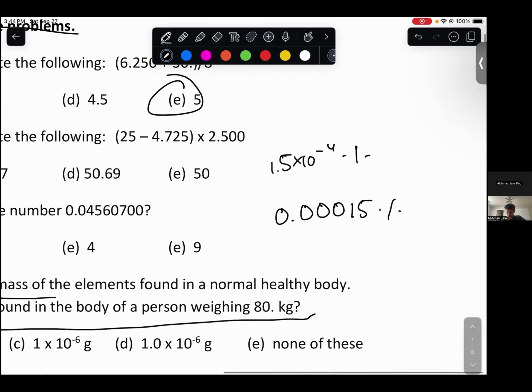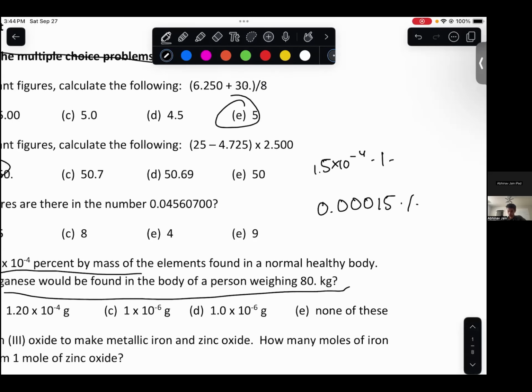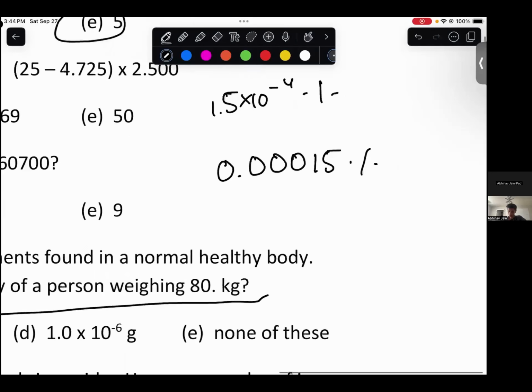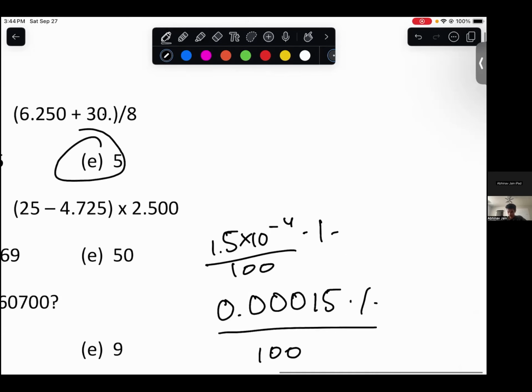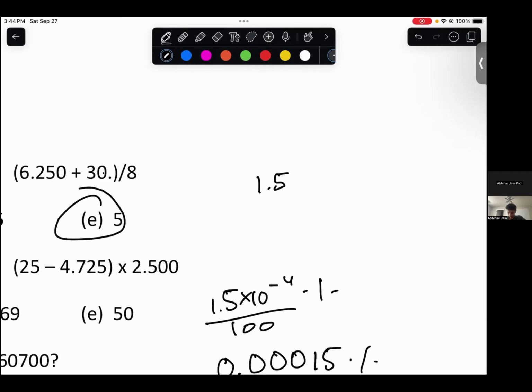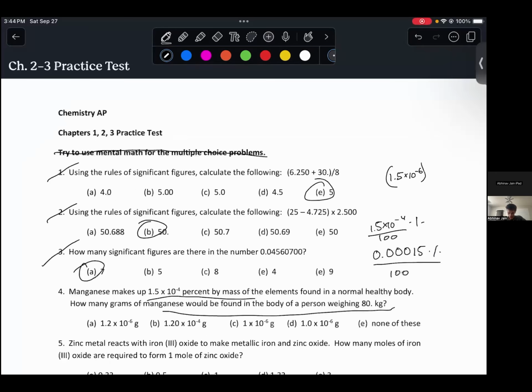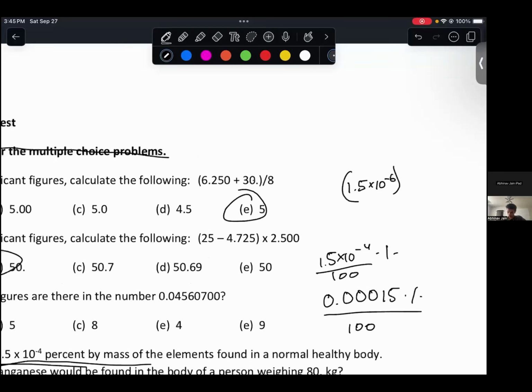0.00015%. Remember that when we convert percents to decimals, we have to divide by 100. So this percent divided by 100 to get into a decimal is going to be 1.5 times 10 negative 6. That's the decimal proportion of manganese in the body. We multiply that by the weight of the body.